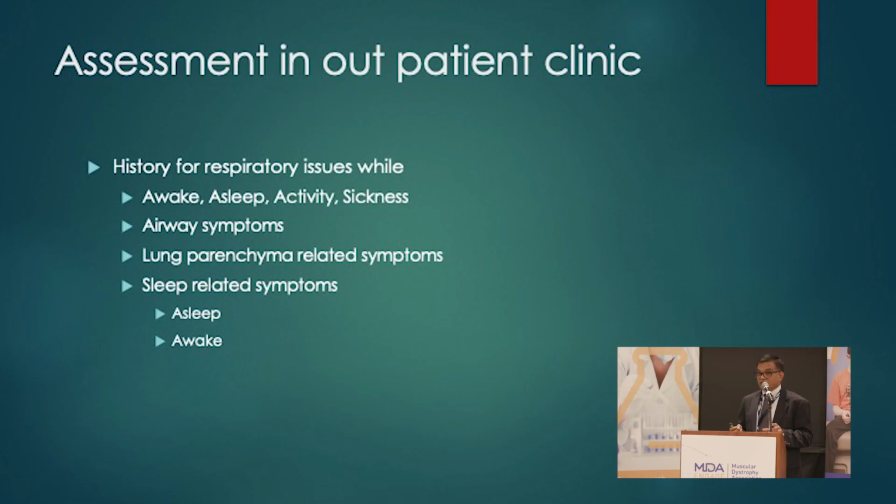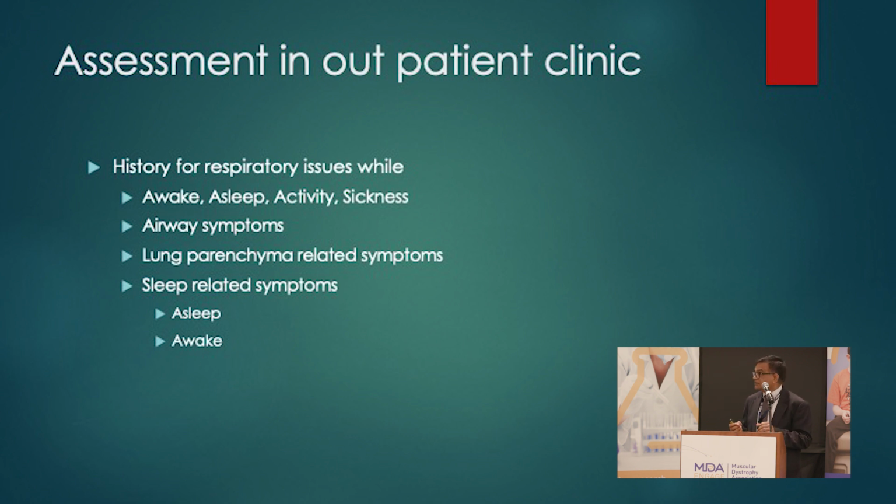So what do we do in our neuromuscular clinic to evaluate these patients? We try to get as good a history as we can, focusing on different aspects, because the respiratory aspect is very dynamic. It is not the same all the time.